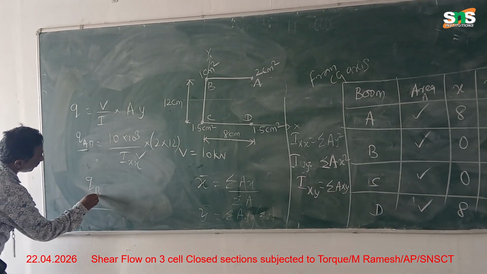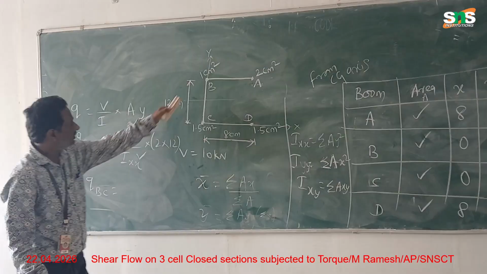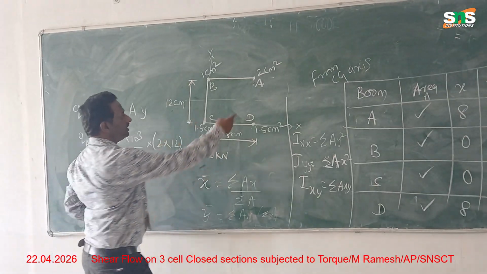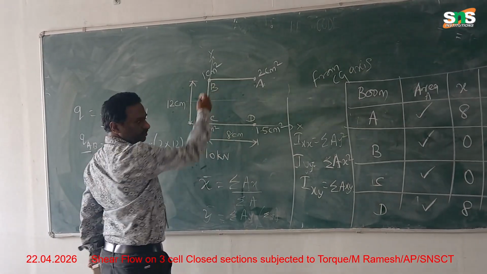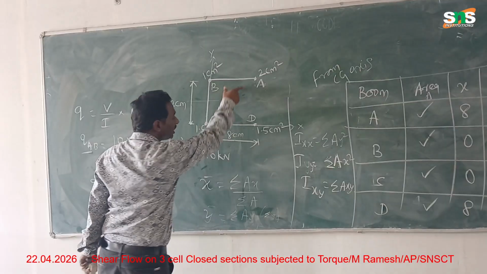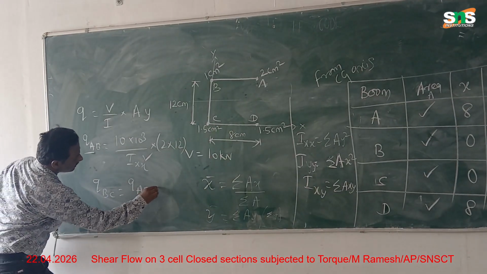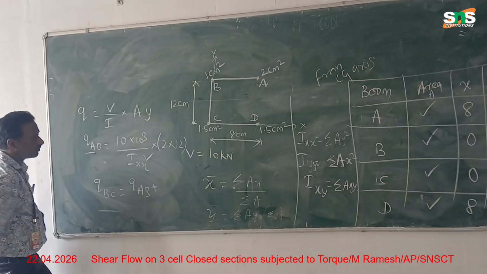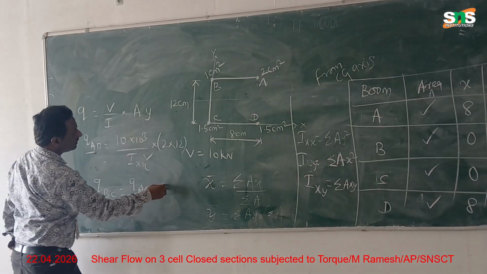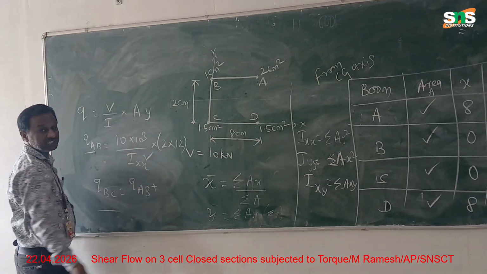Then we can go for QBC. QBC is this segment, but you already have a certain amount of shear flow, so that value has to be added. So it is QAB plus V by I into A into y, where QAB is the value already found.